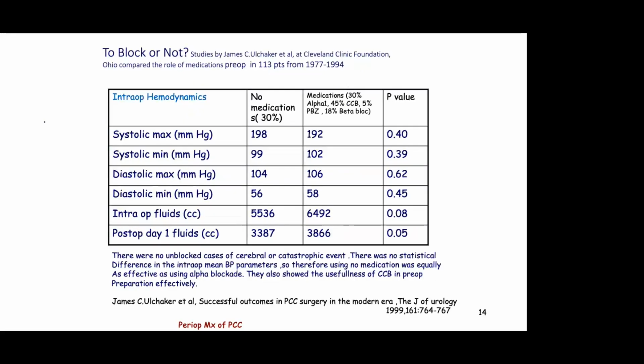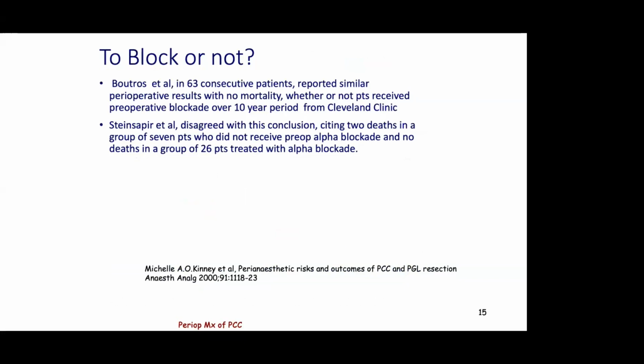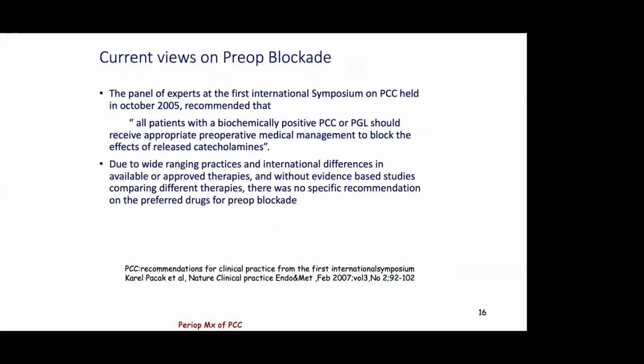That's what many studies have shown. There are studies supporting and not supporting both, but according to the current recommendations, it is recommended to block the patients of Pheo and paraganglioma, with alpha blockade followed by beta blockade.